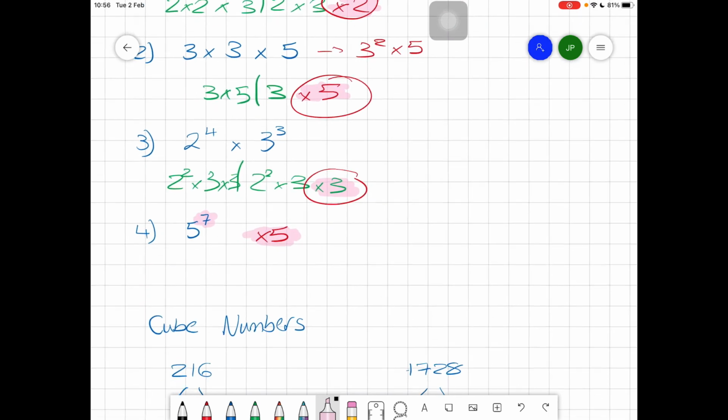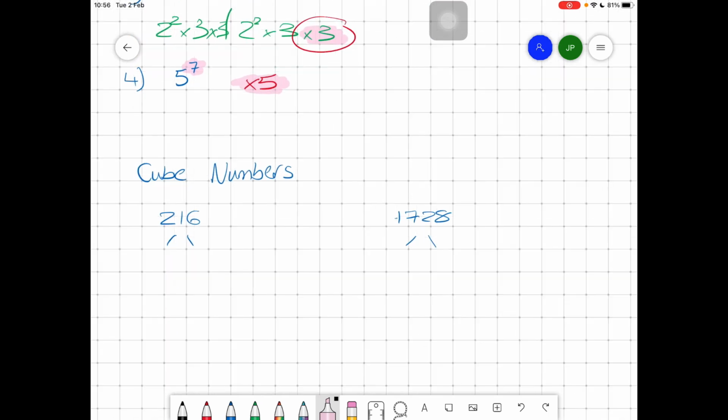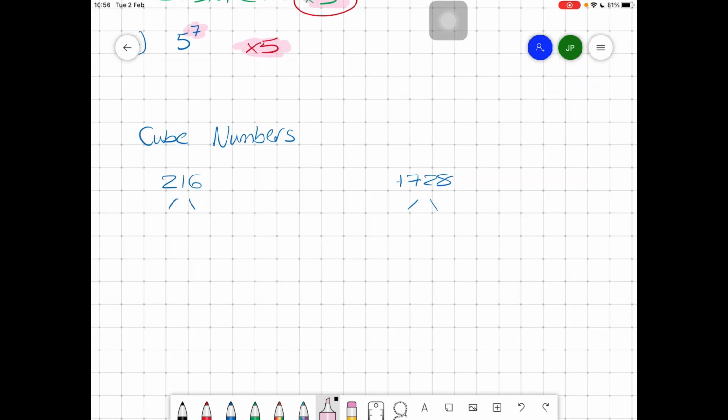Last bit I need you to think about very, very quickly is cube numbers. Now, it's very similar to find cube numbers and to find cube roots as it is square roots. If I give you 216 as an example, we break it down into our prime factor decomposition again. So we go 2 and 108, 2 and 54, 2 and 27.